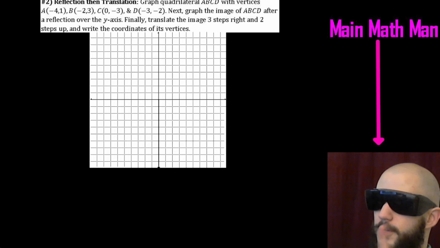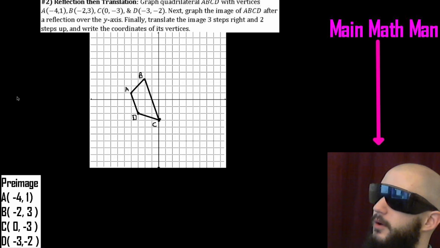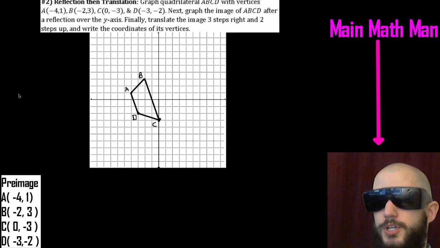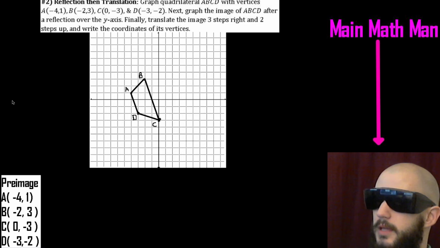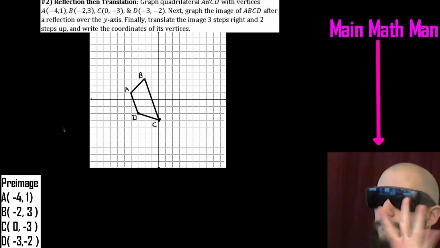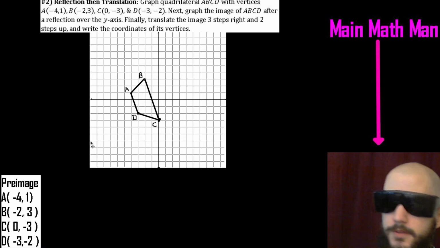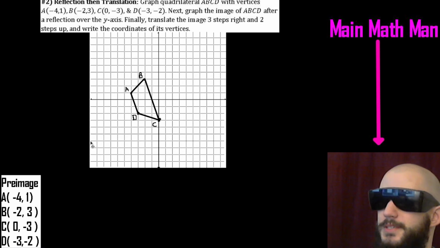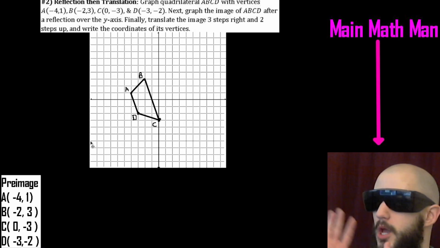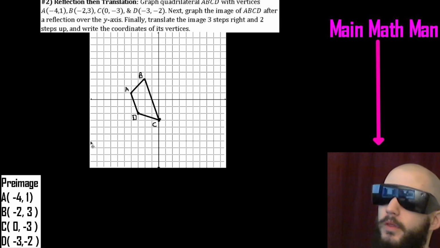So, first step, pre-image. I draw up my pre-image in black, and so I have those points that it gave us. Make sure it makes a solid quadrilateral, meaning it has uno, dos, tres, 4 sides. If you can maybe guess what shape this kind of looks like, again, we would have to prove it a different way, but that's a whole other topic.